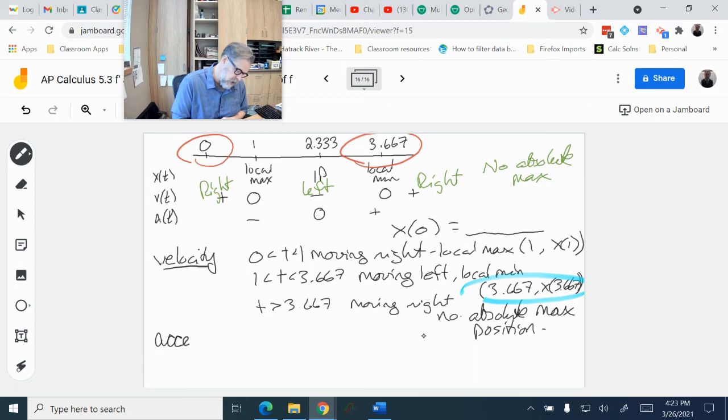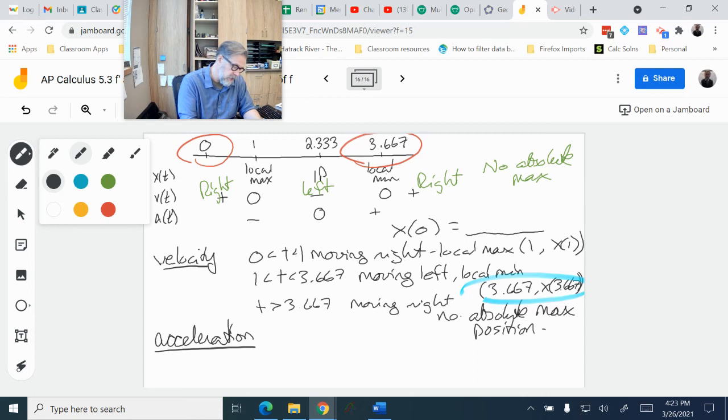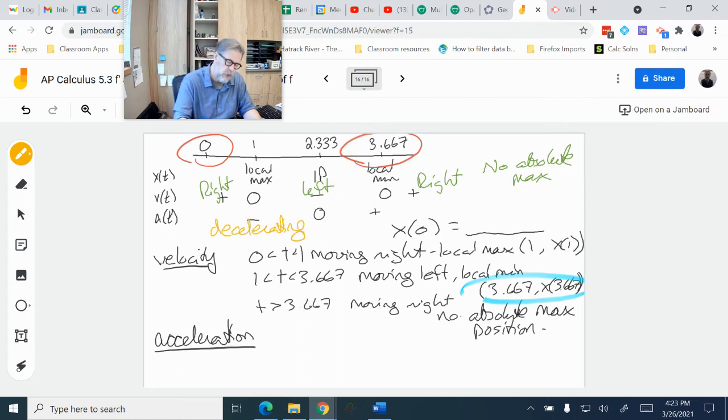Now let's briefly talk about acceleration. Because we've defined positive as being to the right, negative acceleration means that the particle is decelerating. It is being dragged to the left. Positive acceleration means that it is accelerating.